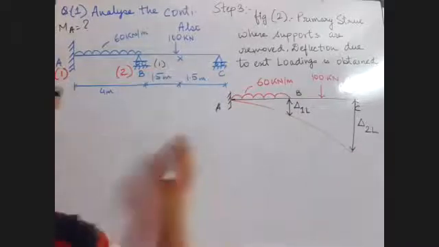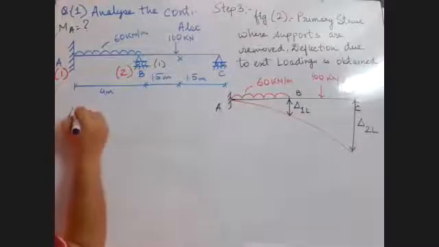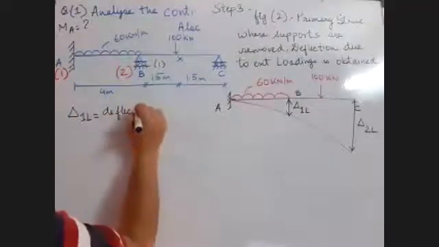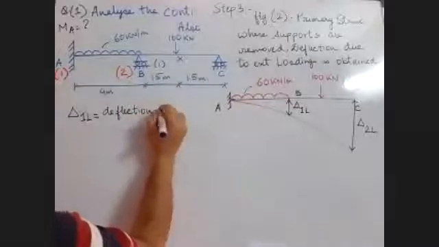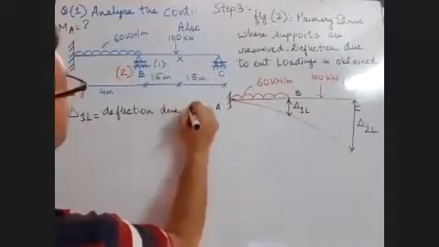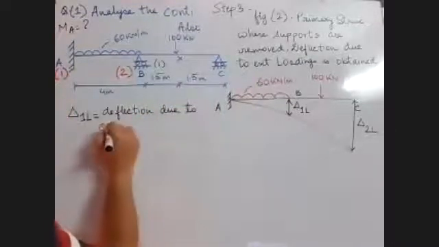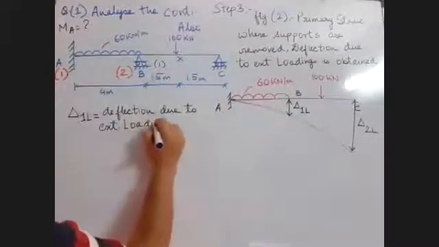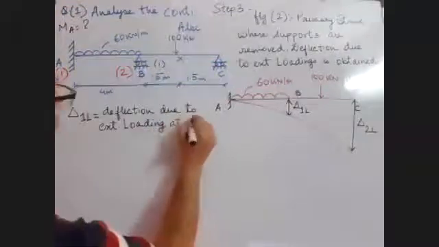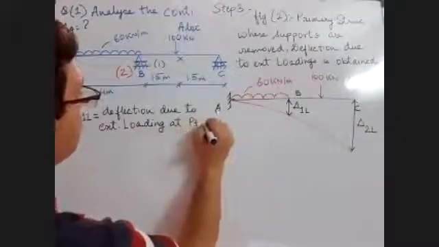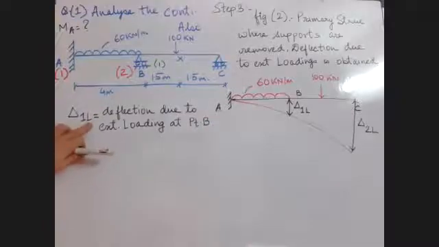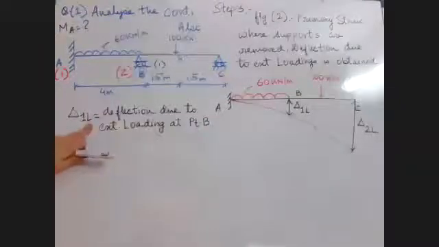So delta 1L will be the deflection due to external loading at point B. So please see delta 1L, L signifies external load.